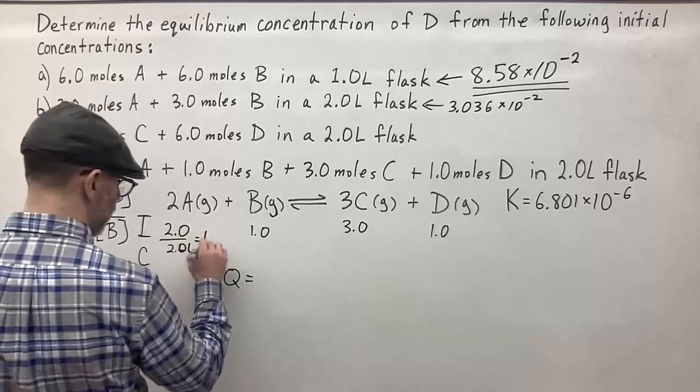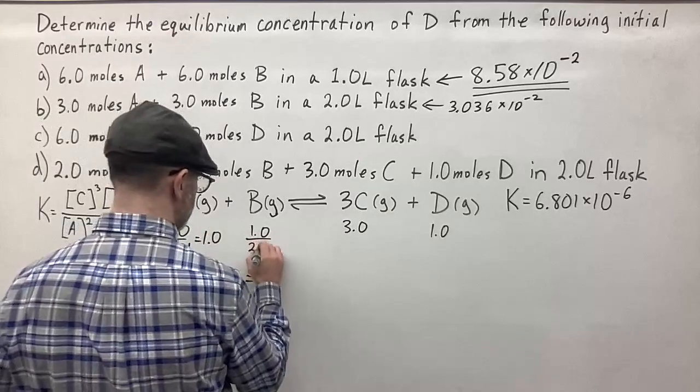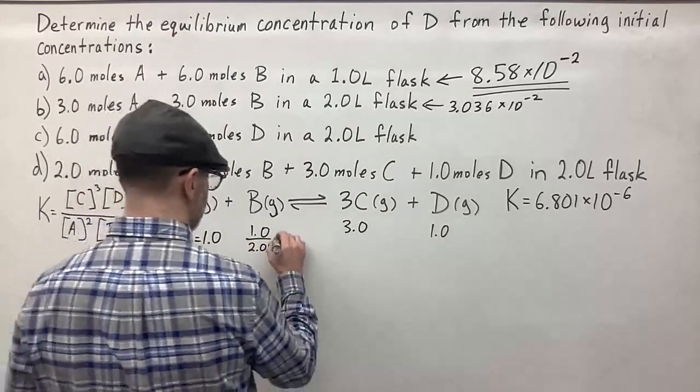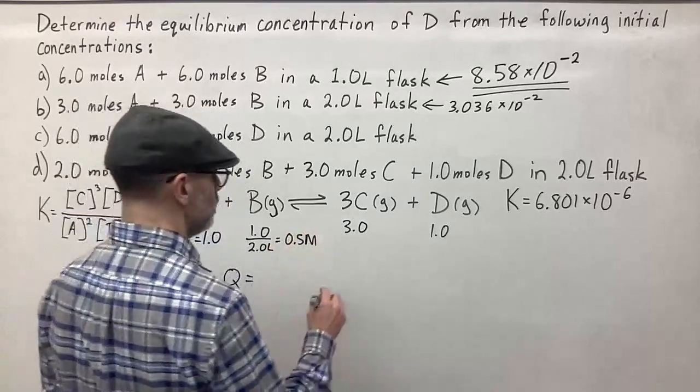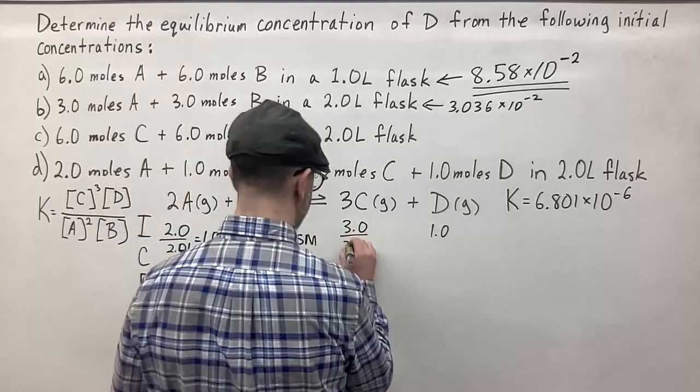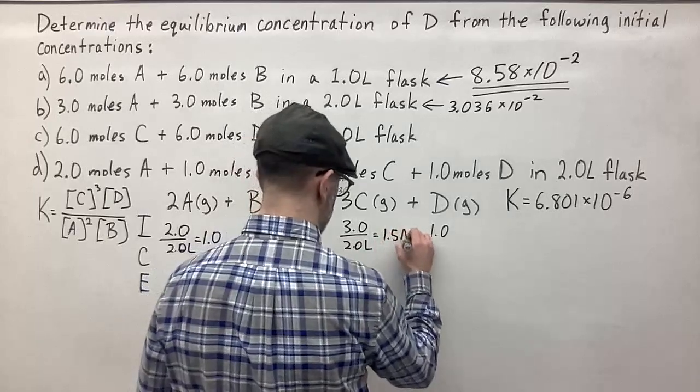If we divide this by 2 liters, that's going to be 1.0 molar. If we divide this by 2 liters, that's going to be 0.5 molar. This one is going to be 1.5 molar.